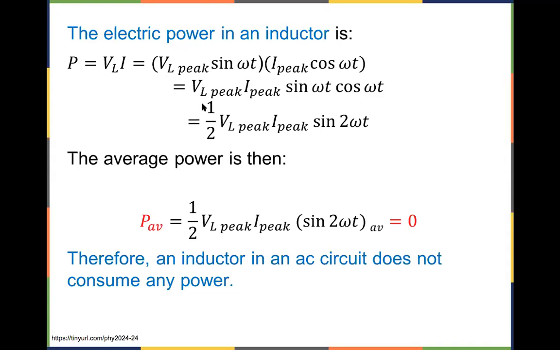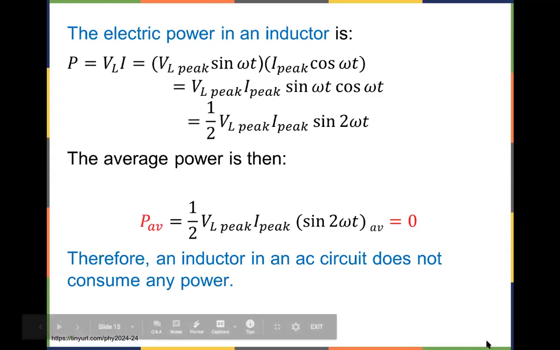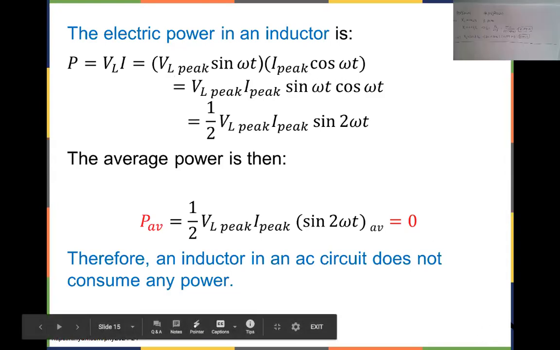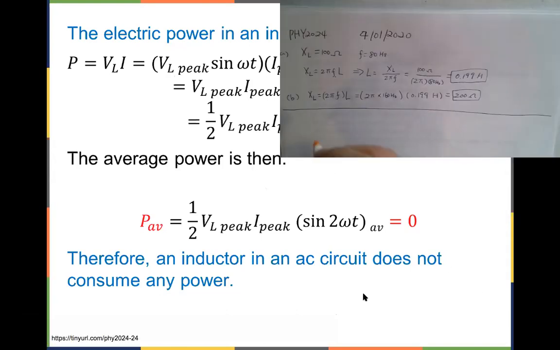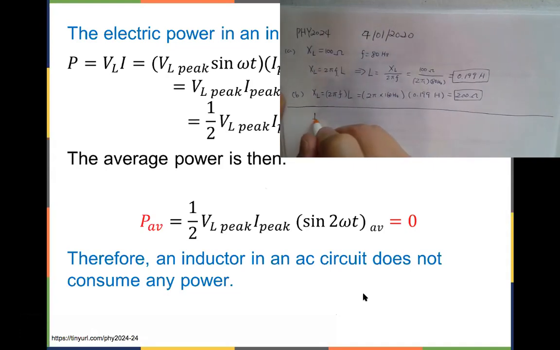All right, so V is equal to V peak sine omega t. And then I is actually going to be a cosine function, because I is lagging the V by 90 degrees.